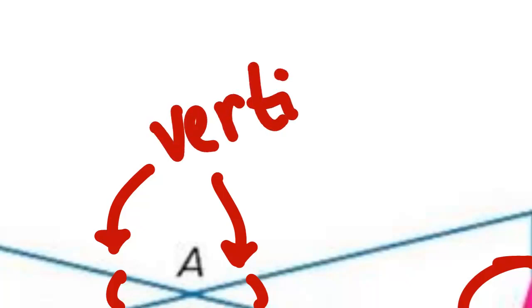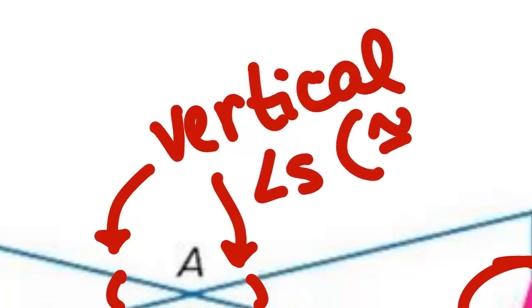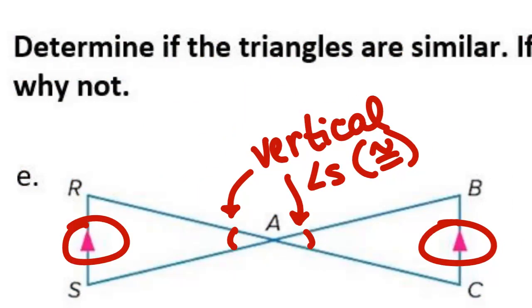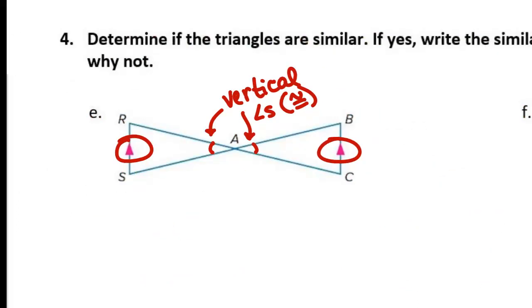We're always allowed to mark that. They didn't tell me anything about the sides at all. No congruence marks, no lengths. So I'm probably not going to be able to use side, angle, side, or side, side, side. So I'm trying for angle, angle.